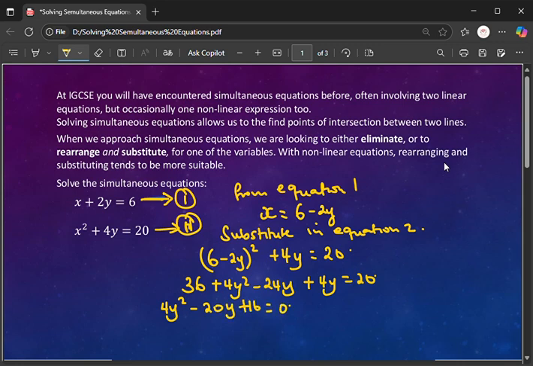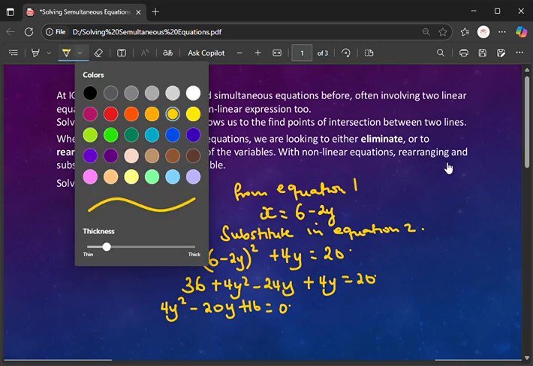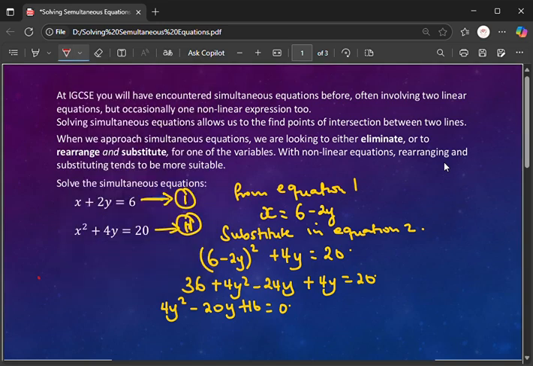Now we can get the value of y. We can choose any of the methods we talked about before for solving quadratics, because this is a quadratic. We can use factorization, completing squares, or the quadratic formula.